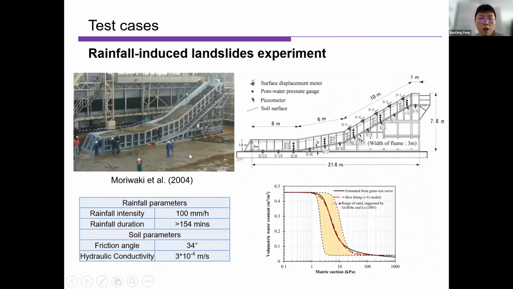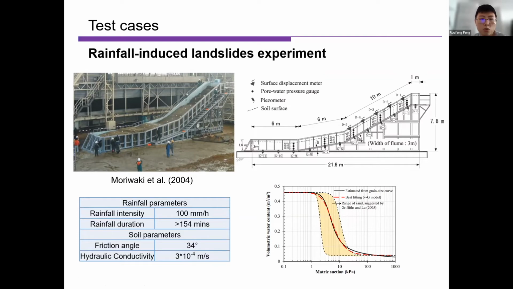So finally, we apply the model to simulate the rainfall-induced landslide experiments. At the top left, we have the photo of the experiment. There is a slope built on a steel framework, and the rainfall intensity is given, which is 100 millimeters per hour.